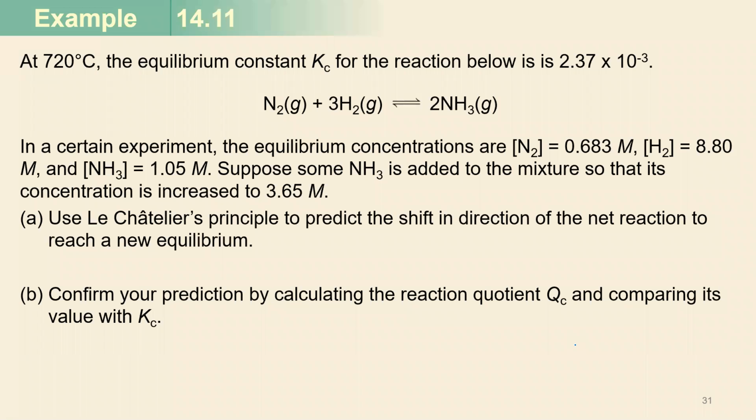Okay. So here we have this reaction for ammonia. Now they're telling us that ammonia is a product. It also gives us equilibrium concentrations, and it gives us Kc.